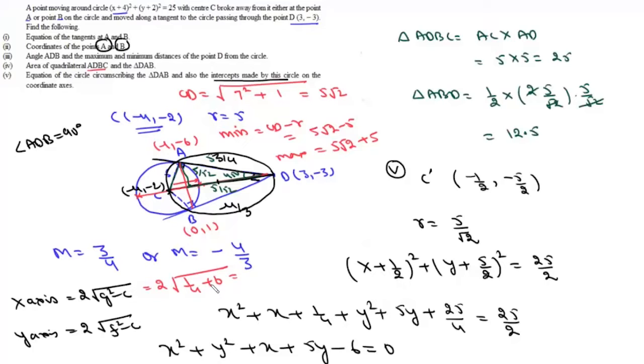Now this is 25 by 4, so it will be simply 5. So value of x-axis intercept is 5, and value of y-axis intercept will be 2 into under root of, now f is 5 by 2, so there will be 25 by 4 plus 6. Now this is 25 plus 24, 49, 7 by 2, so it is 7. So length of x-axis intercept is 5, and length of y-axis intercept is simply 7. And that is the answer to this question.